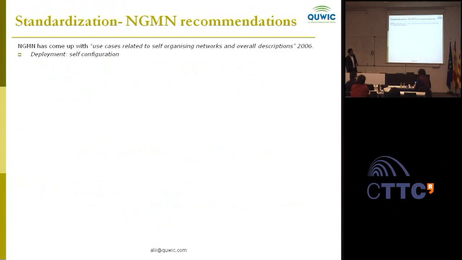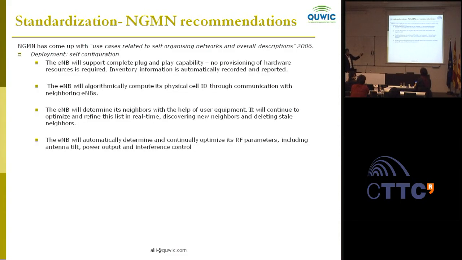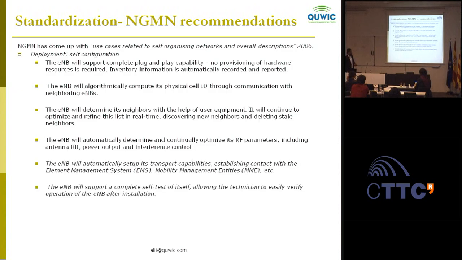In terms of standardization, it was triggered by NGMN. Again, it's a dream come true for operators, so NGMN was the main driver behind it in 2006. Misha has already provided a list, so this is in more detail. I'll leave it in the slides, so if somebody wants to consult it. Actually, NGMN specified what SON functionalities a cellular system should have in each phase.